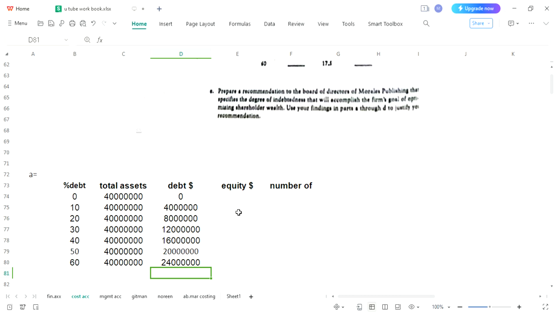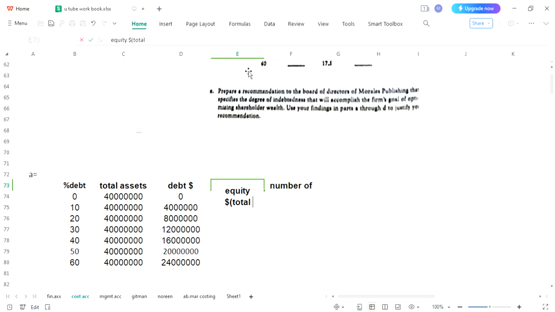And here, how will you calculate equity? Obviously you will take the total capital structure, and when you subtract your debt you will get your equity.